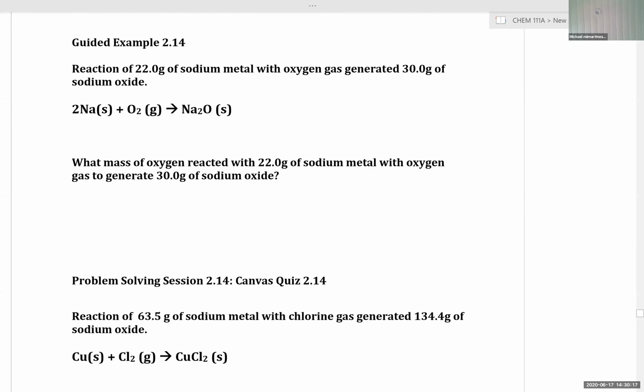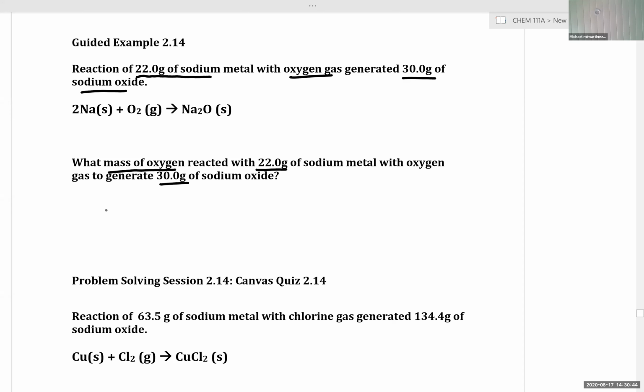Here we go. So let's look at a guided example now into how we can apply the law of conservation of mass. A reaction of 22 grams of sodium with oxygen gas generated 30 grams of sodium oxide. It's asking what mass of oxygen reacted with 22 grams of sodium metal to generate 30 grams of sodium oxide.